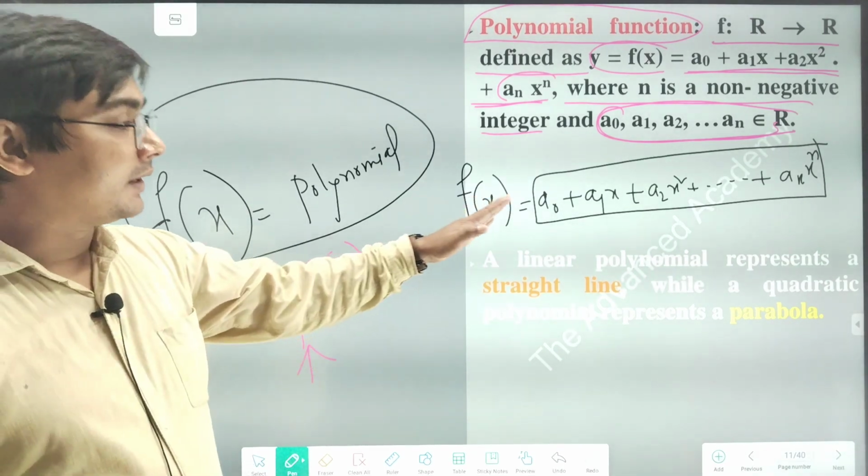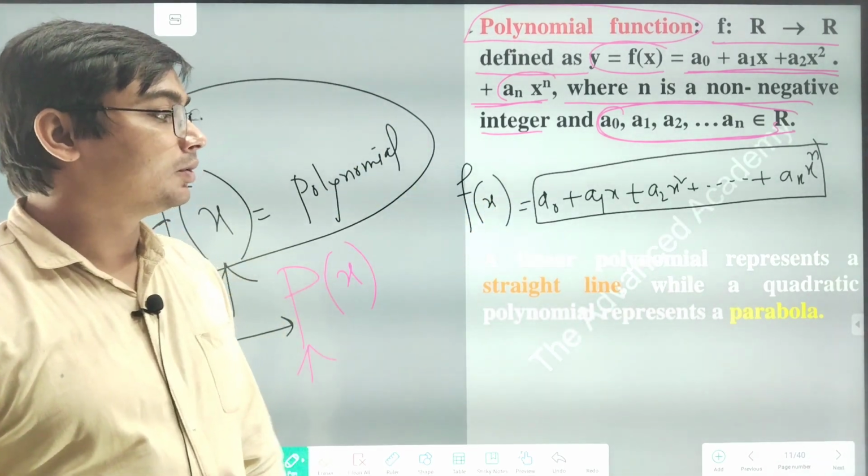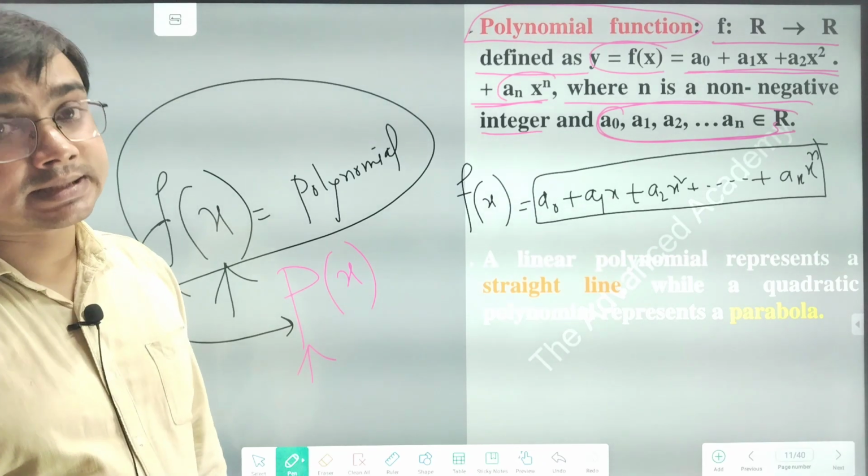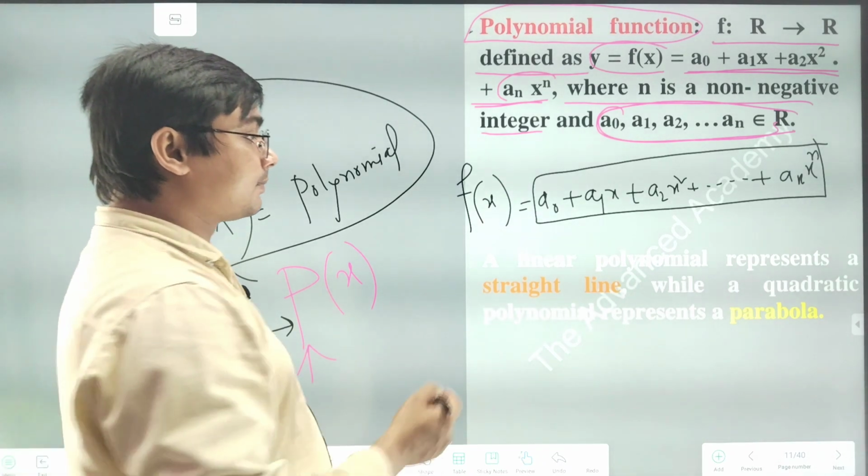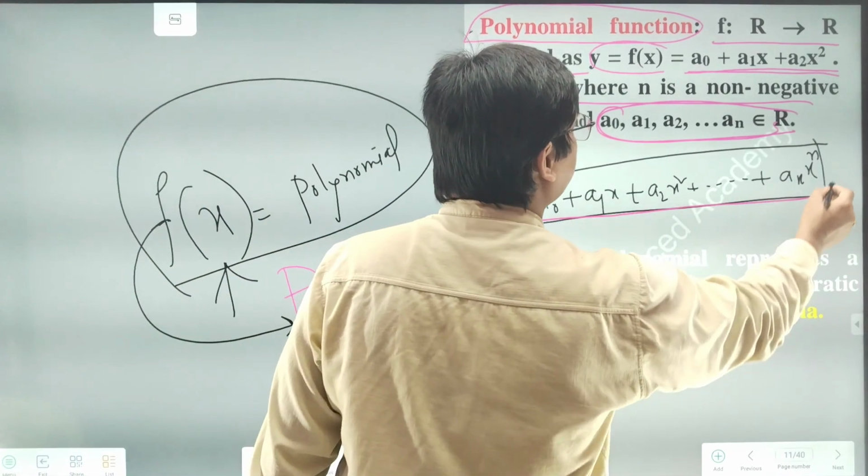And the graph of this polynomial function will represent a straight line if this polynomial is linear.